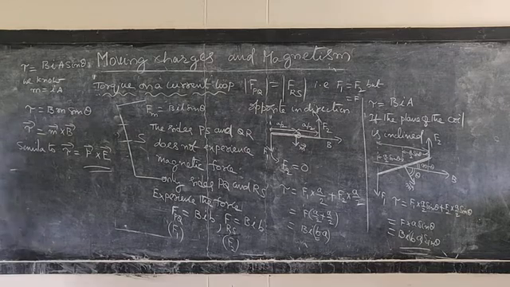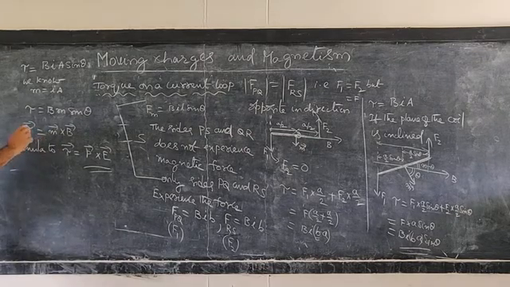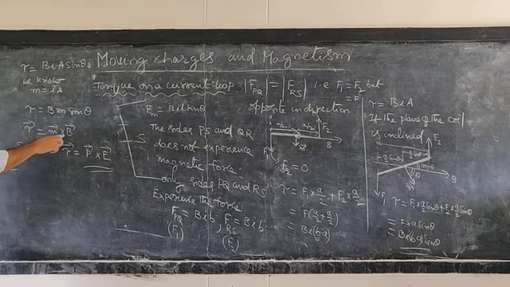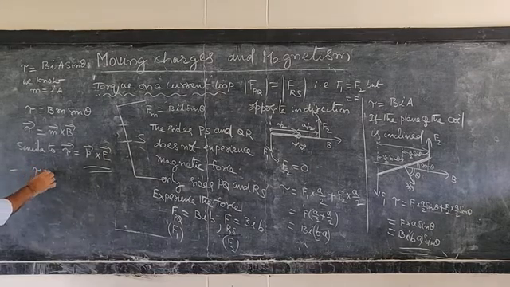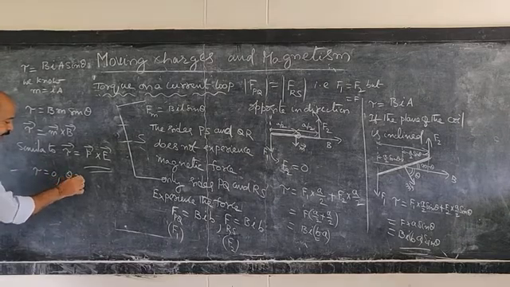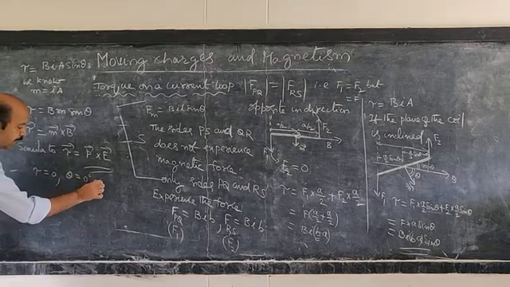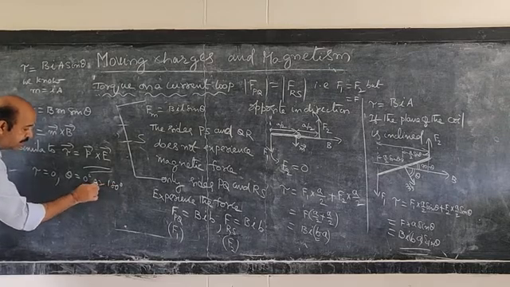So from this we can discuss 2 points. If the dipole moment vector is parallel to B bar or anti-parallel to B bar, then the torque will be 0. That is, tau is equal to 0 if theta is equal to 0 degrees or 180 degrees.